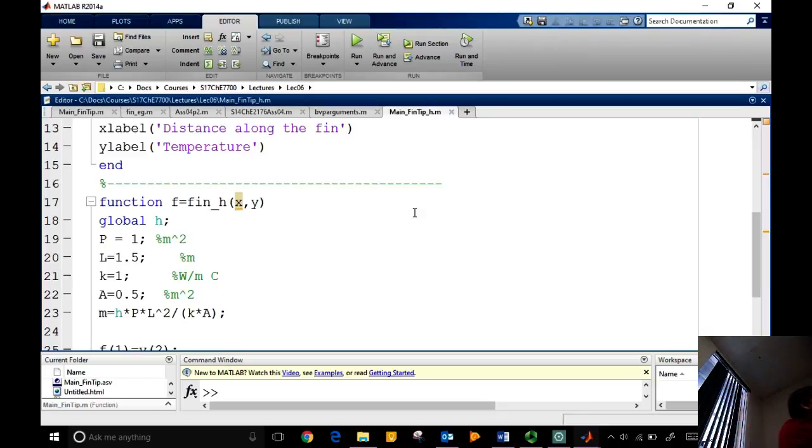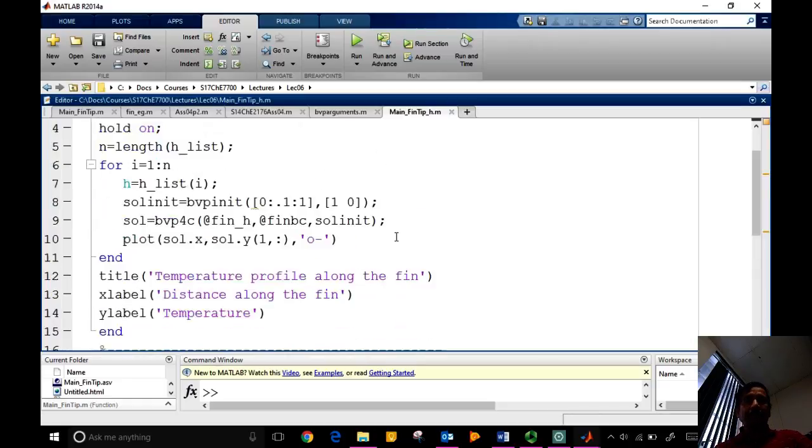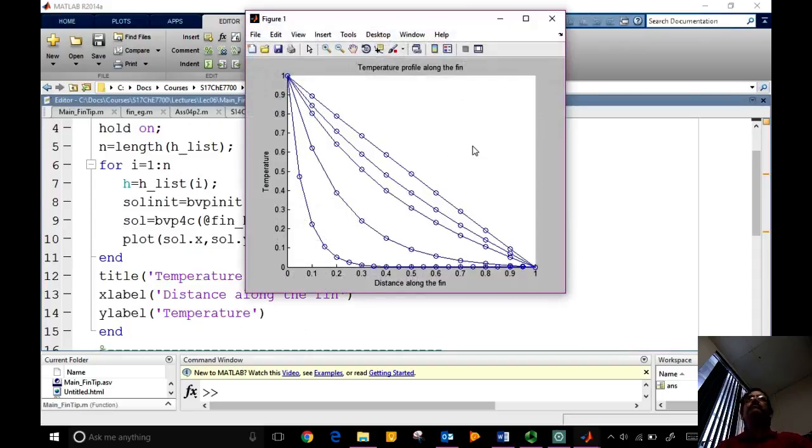So I just need to declare global H, and it color codes it for me. H is global, but its value is not assigned inside this. Its value is changed in the main calling program. So this is for various values of H.